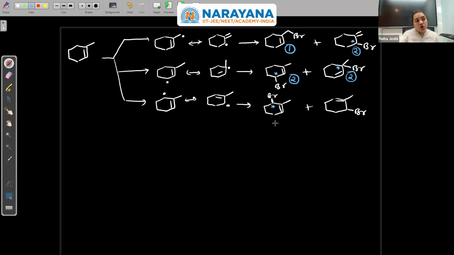Either it will be wedge or it will be dash. So I will say, yes, they are same, but still due to chirality, I have to count it as 2. Once you do all this exercise, now you add. So I can see 4 twos and 1 one. So I will report the answer for this is 9.